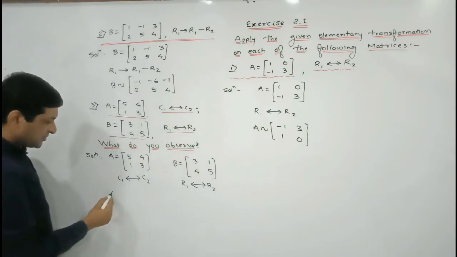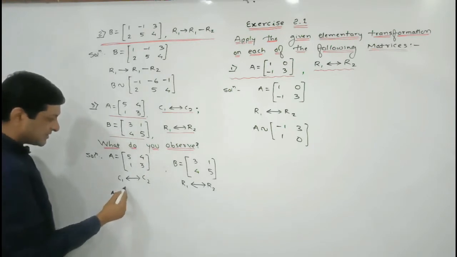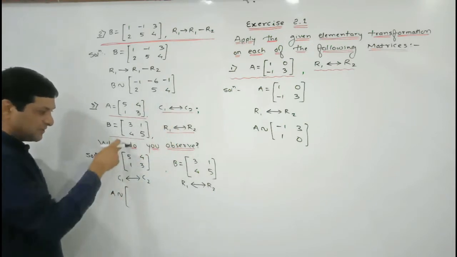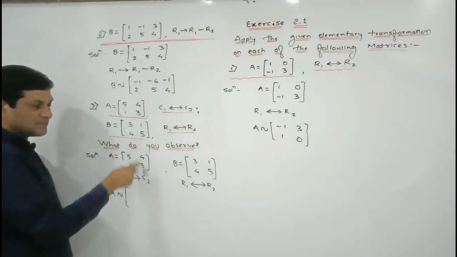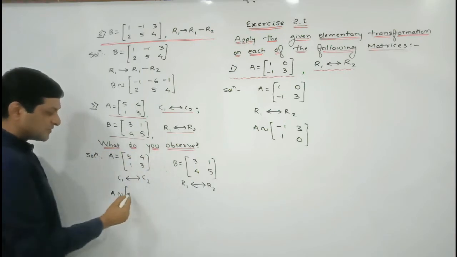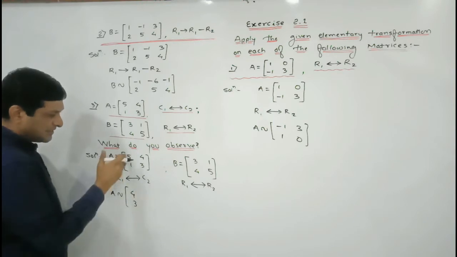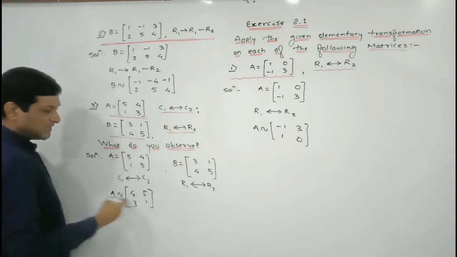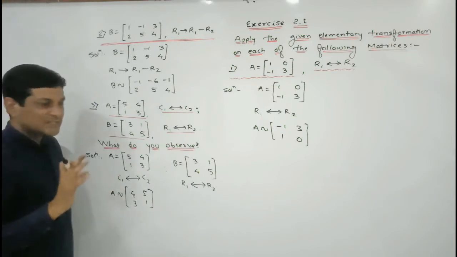So first operation we are performing on matrix A, and according to given condition we have to interchange the element of C1 and C2. This is C1, first column, and this is C2. We are interchanging the element of C1 and C2. Write down the element of C2 in C1 and element of C1 into C2. Means in short we have interchanged the element of first and second column.